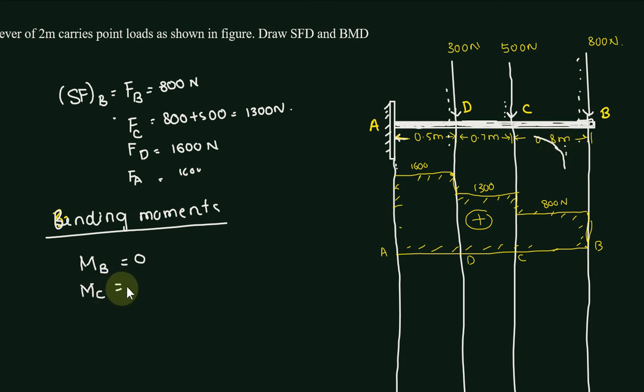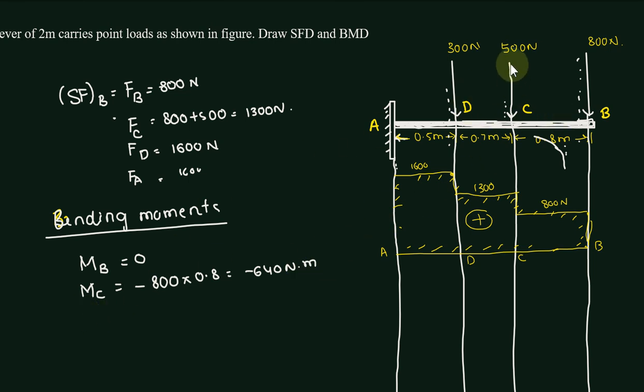So the bending moment at C is minus 800 into the distance up to C, because we are calculating moment about C. That is 0.8. So how much is that? Minus 640 Newton meter. It is very important to mention the units.